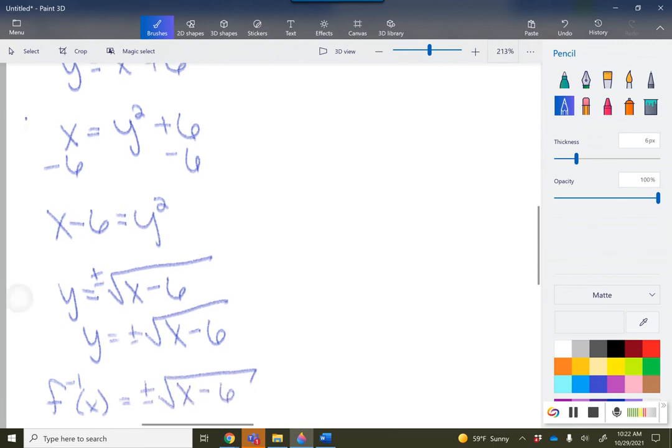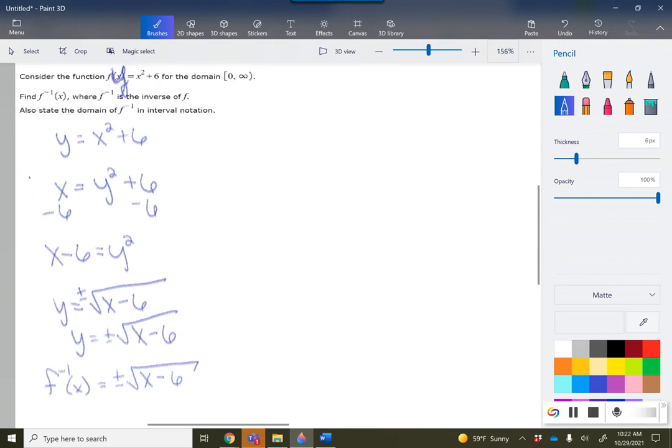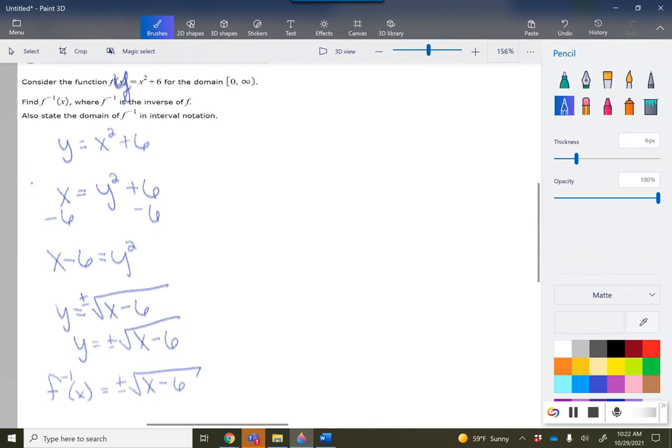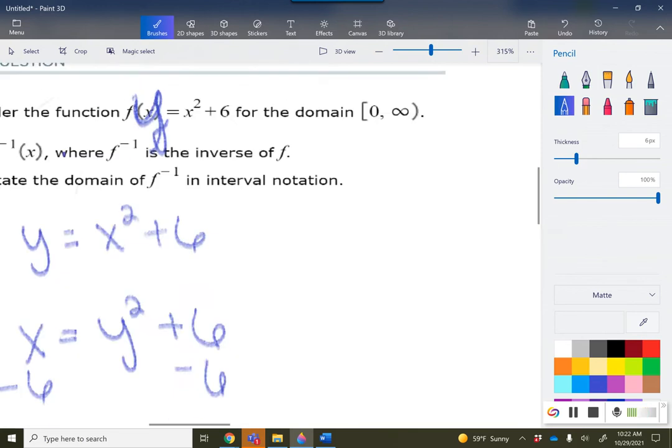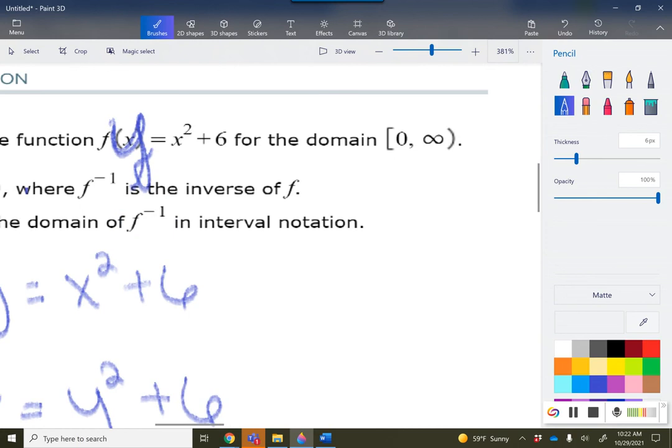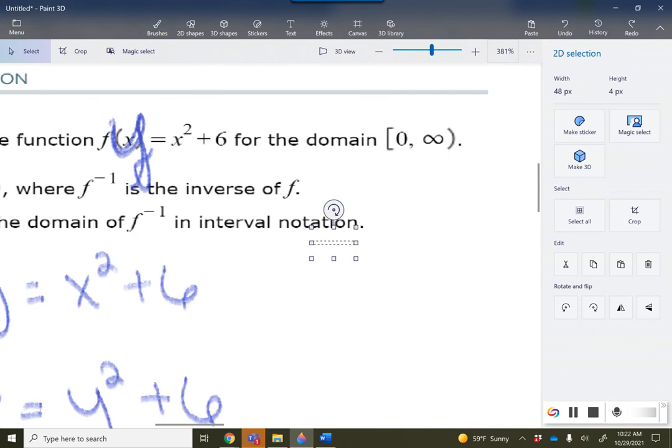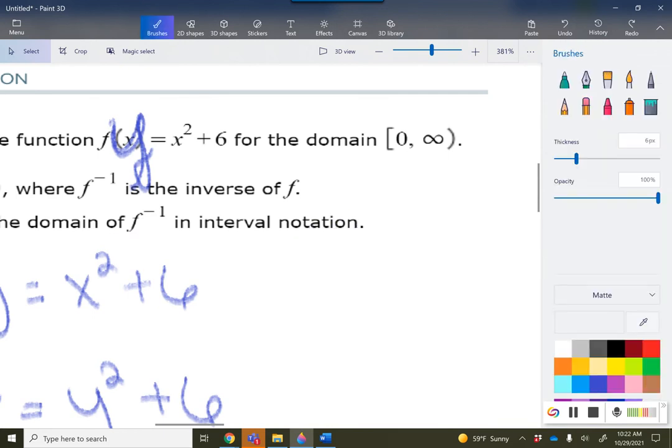Okay, the next step to this problem was it not only wanted the inverse, but it also wanted the domain of the inverse. So to do that, I'm actually going to go to the original question. The original question was x squared plus 6. So if I were to take y equals x squared plus 6, and I want to find the range, they gave us the domain, so I don't have to worry about that.